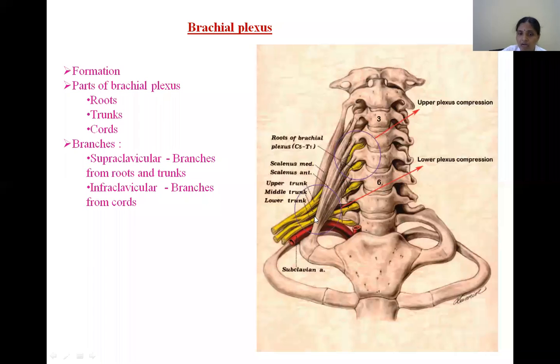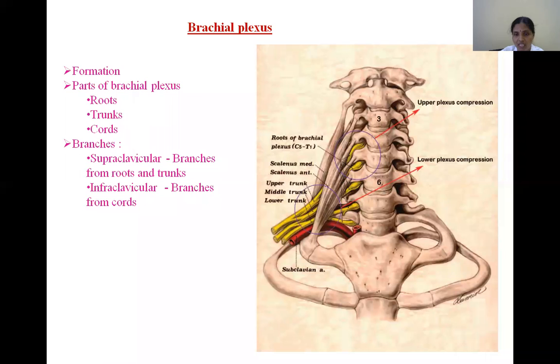The nerve to subclavius is important surgically. Why? Because sometimes it may give an additional branch that joins with the phrenic nerve, which we can call an accessory phrenic nerve. So during surgical removal of the phrenic nerve, we have to search for this accessory phrenic nerve, whether it is there or not.